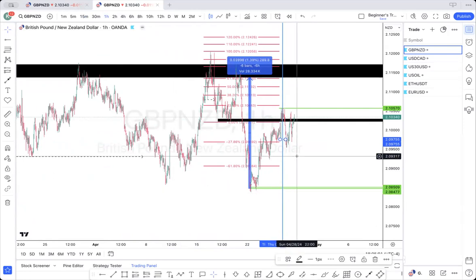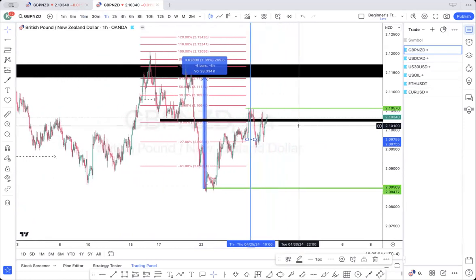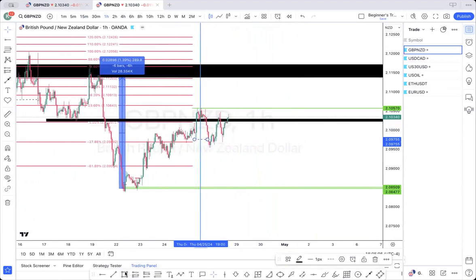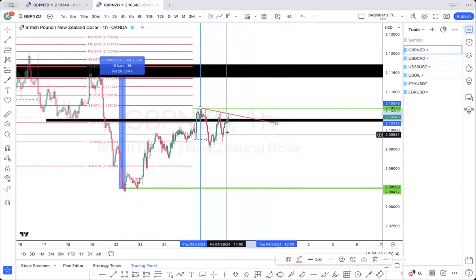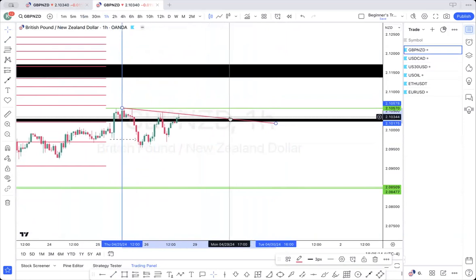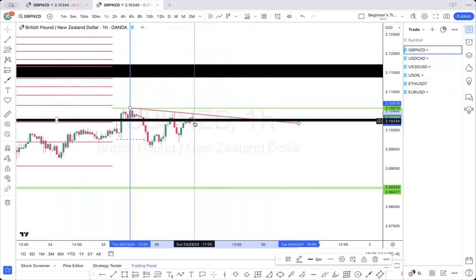Now let's see if price shows me something else. Right now, it's creating lower highs. So what I want to see here is price violate this order block.